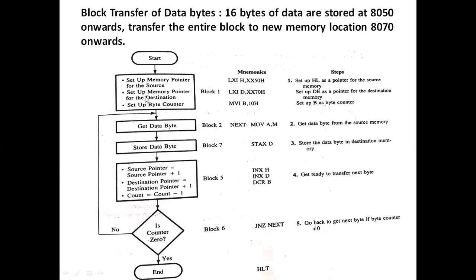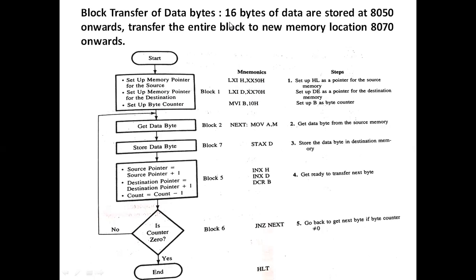The next step is to set up the memory pointer for the destination. Destination has been given as 8070. So we will use another register pair, the D pair, for storing the destination address, that is 8070. So 8070 will be stored in the D pair. And then we have to set up the byte counter.